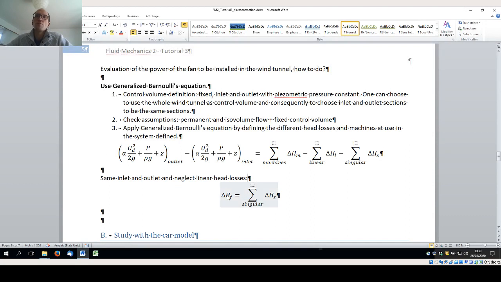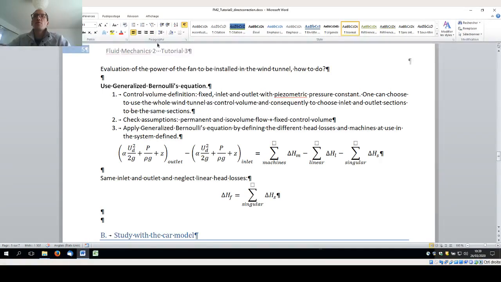Actually, we have the head of the fan, so the power provided to the system by the fan is equilibrated by the dissipation of energy due to all singular head losses.